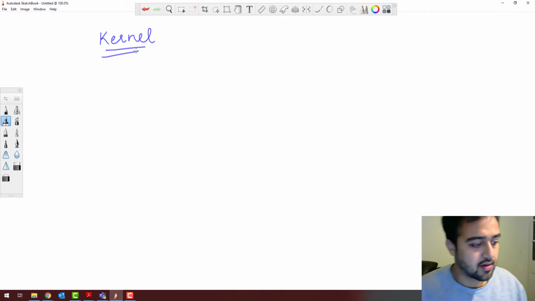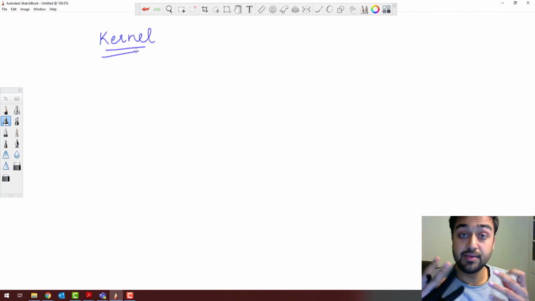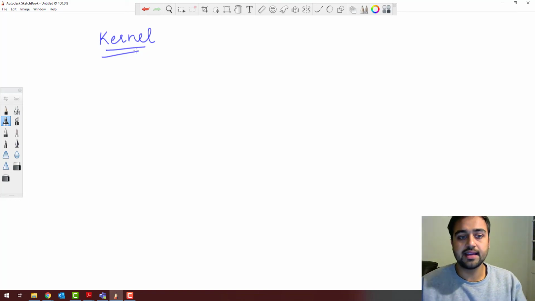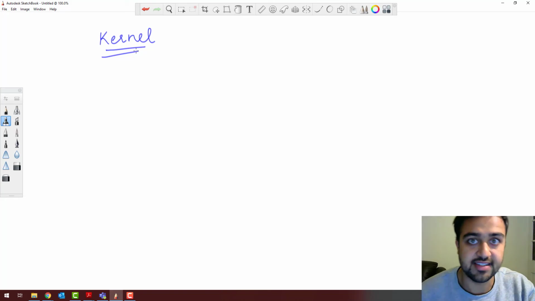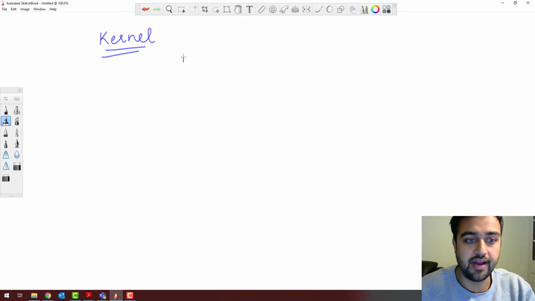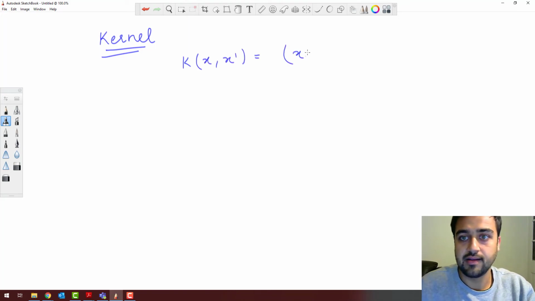So what is a kernel? A kernel is a similarity function that basically corresponds to a dot product in some expanded feature space, right? So this would be defined as, let's say we have 2 points x and x dash.